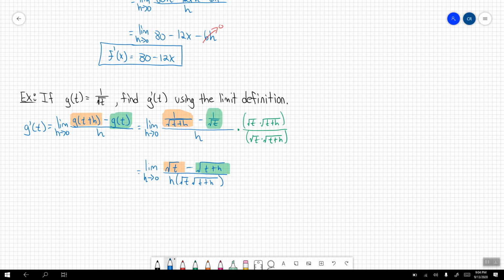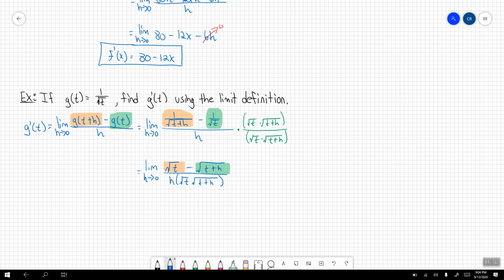Perfect. At this point, let's find out, can we still substitute in h? Well, we can't take the limit because if we do, we're left with 0 divided by 0, which is indeterminate form.